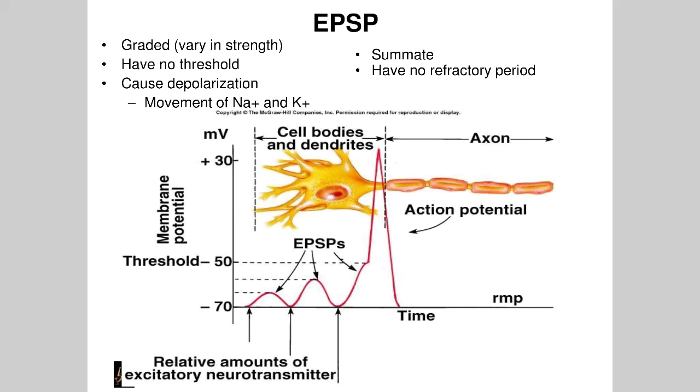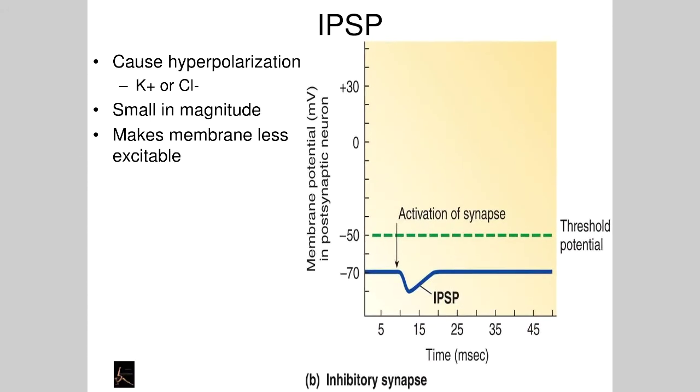Before I do that, let me quickly show you the inhibitory, because here's an example of when a cell is being excited so that an action potential could be triggered. In this case, this is an inhibitory postsynaptic potential. That means the presynaptic cell is releasing a neurotransmitter that is specific to a chemically gated channel that allows potassium to flow out of the cell or chloride to flow into the cell.